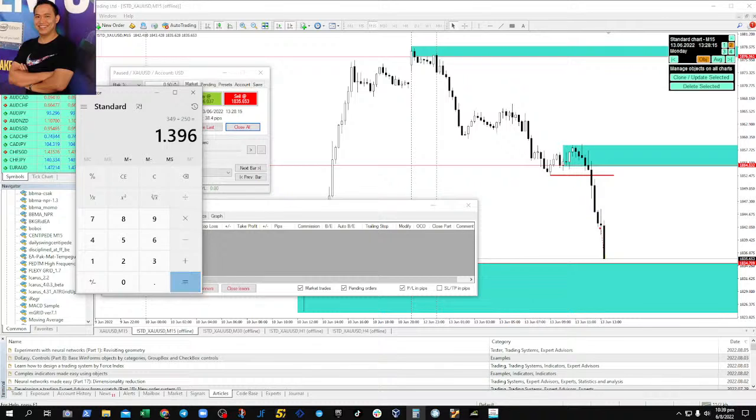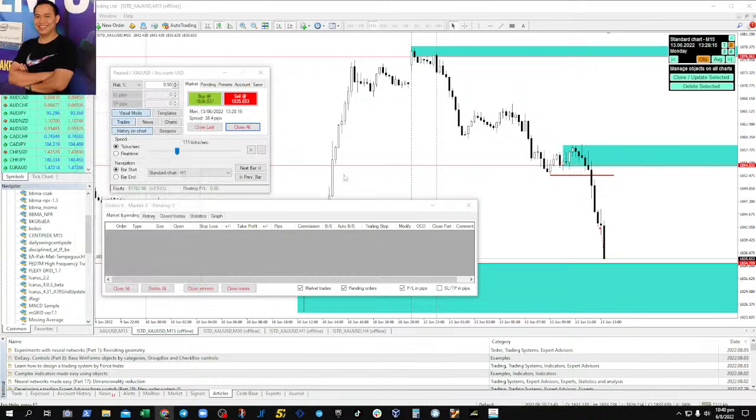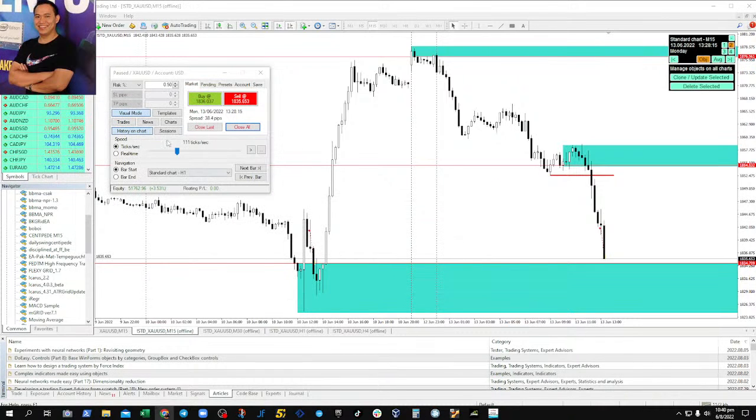That's 1.39. Okay, so we journal the first trade, and then let's see how price continues to go.